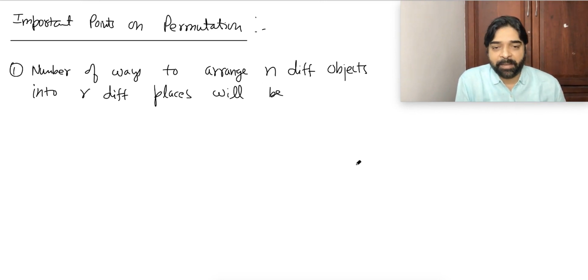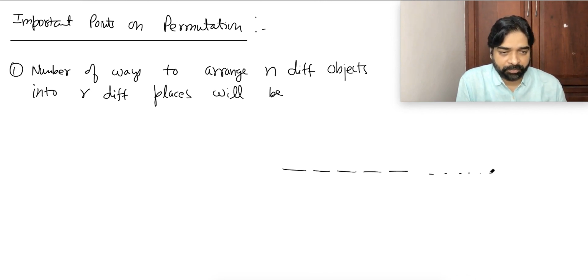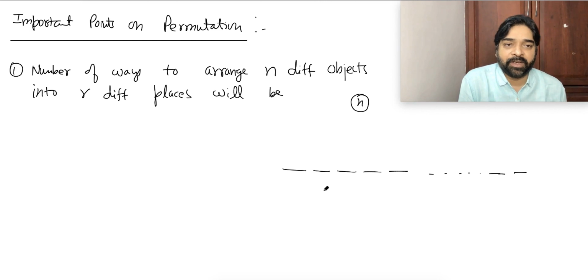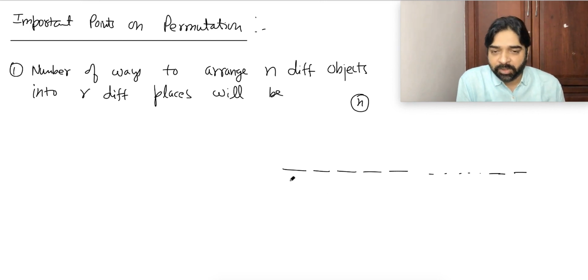How many places do I have? r places: 1, 2, 3, 4, up to r minus 1 and r. First place, second place, third place, and so on, up to the r minus 1th place and the rth place. I have n objects. Since there is no condition, I can start filling from any particular place, so I start from here.